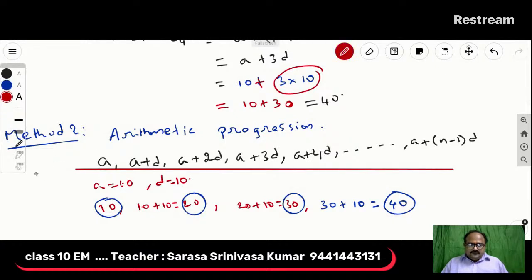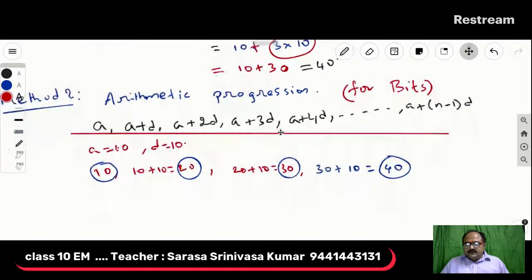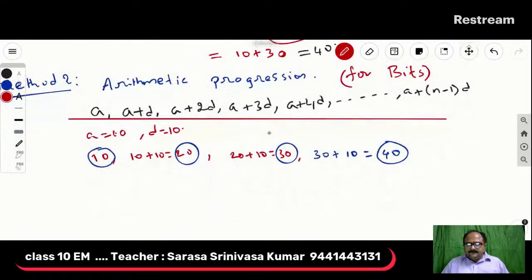The second method is followed for bits. To answer the bits, we need not write all those steps. So we simply write 10, 10 plus 10, 20, 20 plus 10, 30, 30 plus 10, 40.